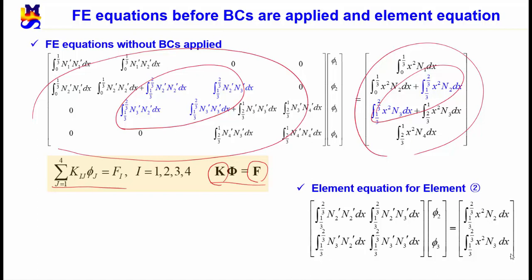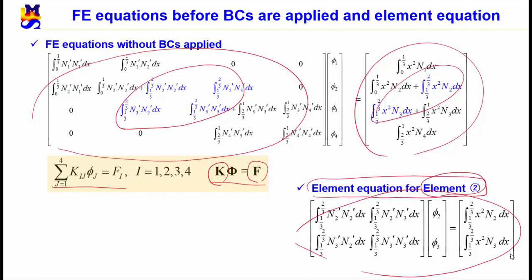Of course, this equation cannot be solved because of so-called rigid body motion occurring before the imposition of essential boundary conditions on the assembled equations. When we express a set of equations separately only for an element, for example, these equations originated from element 2, we call it the element equation of element 2.